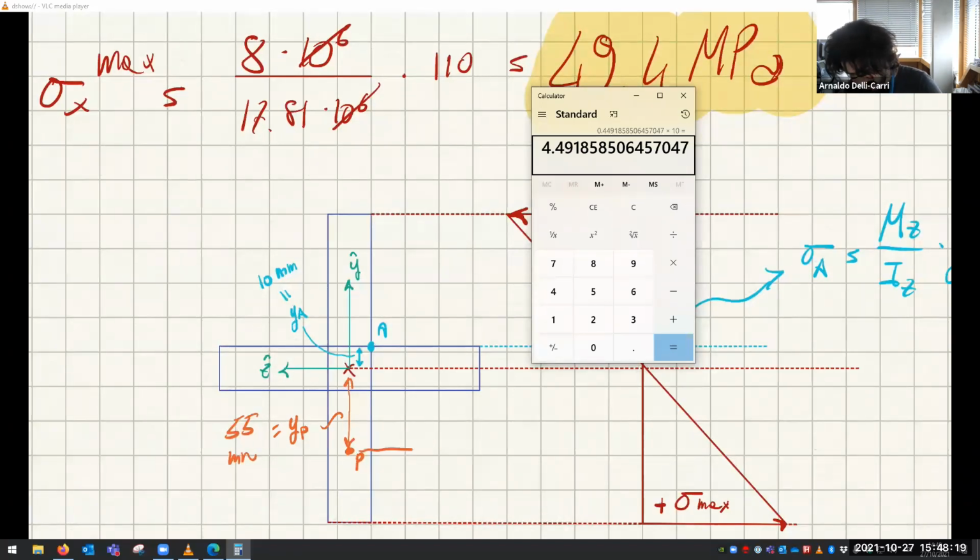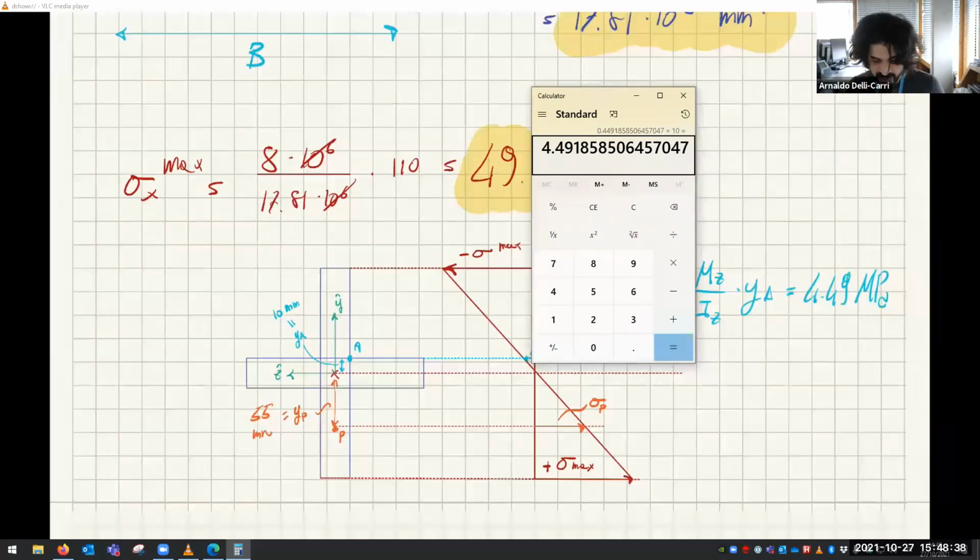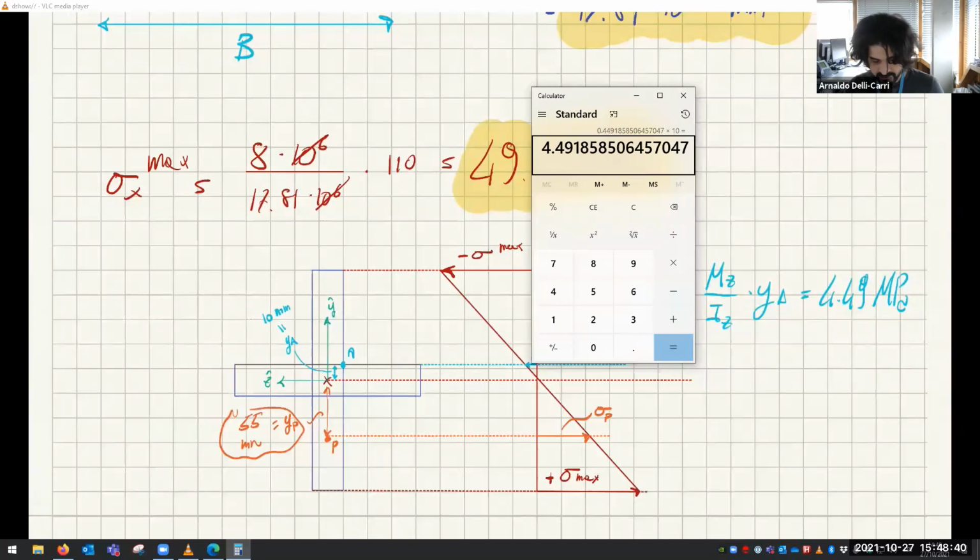Well, it's exactly the same. You draw a straight line from P. And this one is exactly the arrow associated with the stress. This is the stress, sigma P, that you can calculate because you know this.